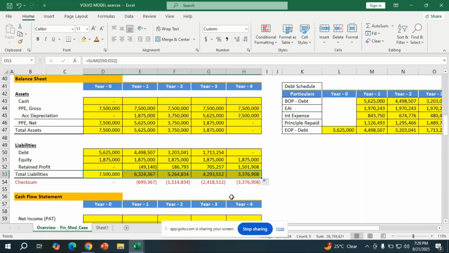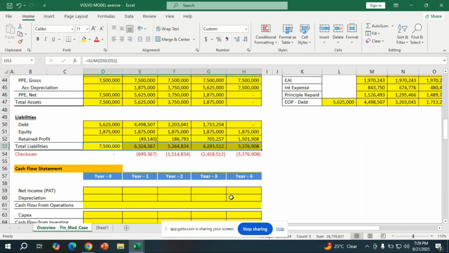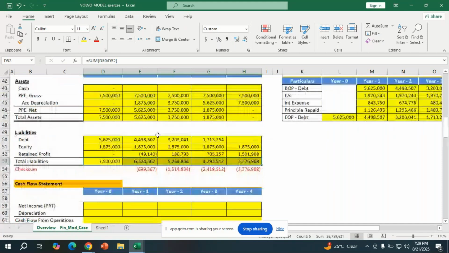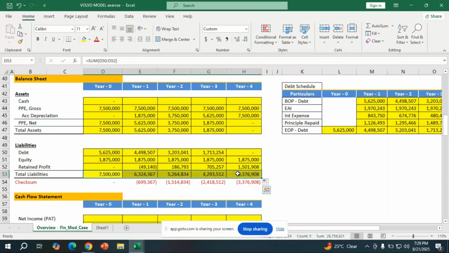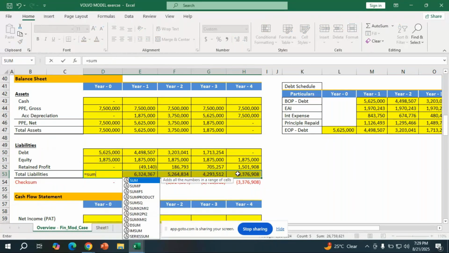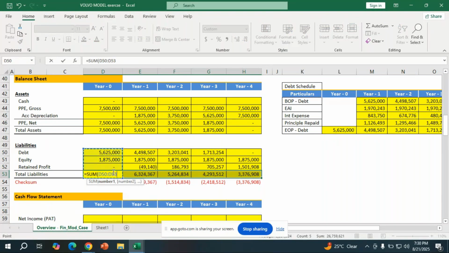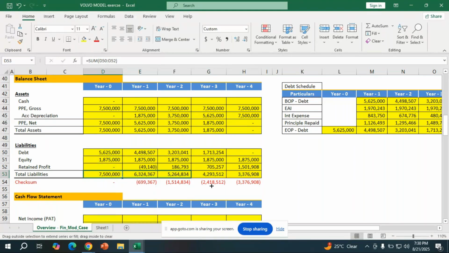That's the crucial part. If you want me to repeat, for the total liability side, just do the sum, that's all. Afterwards, we'll make the changes. It equals the sum of all three cells. Do it and drag it for the rest of the years. That will complete your liability structure in your balance sheet.